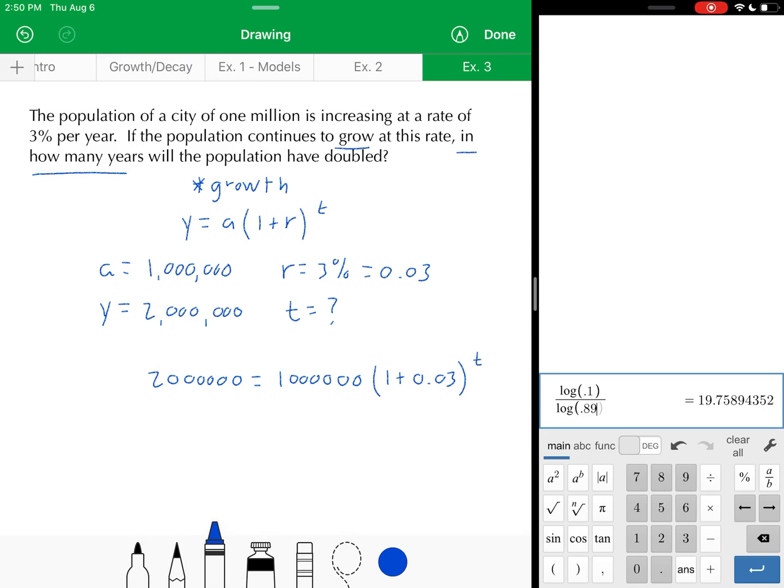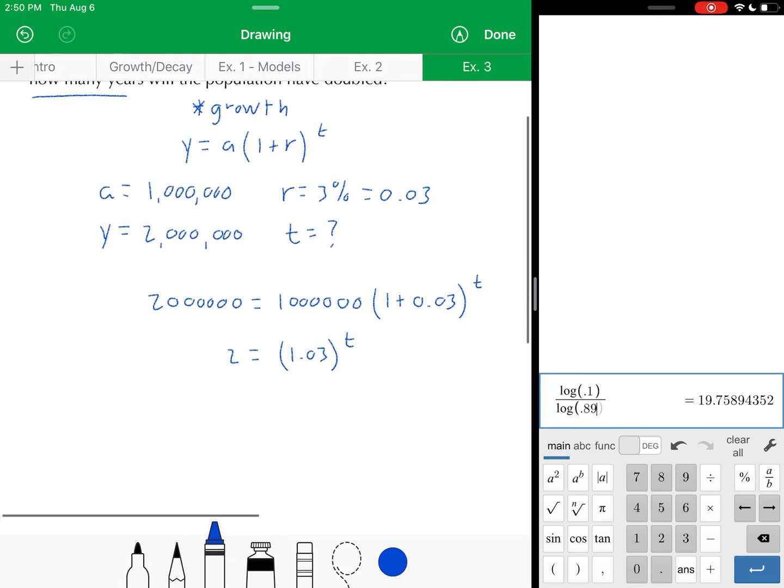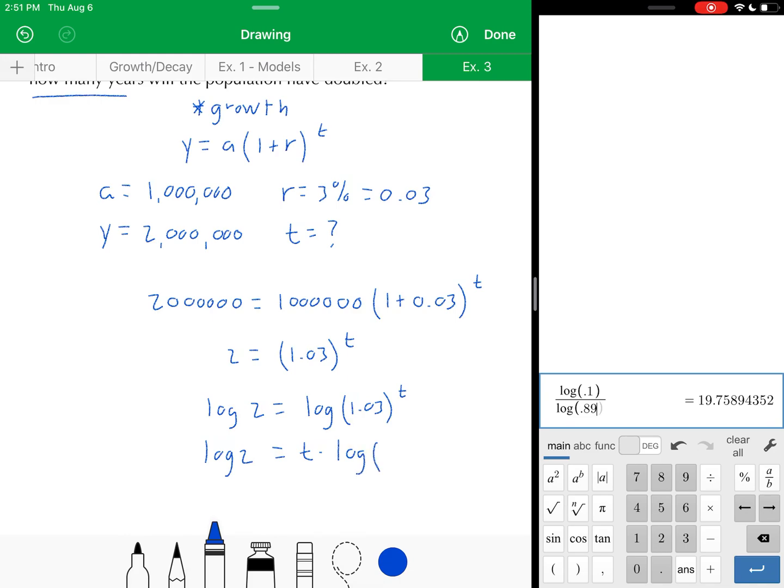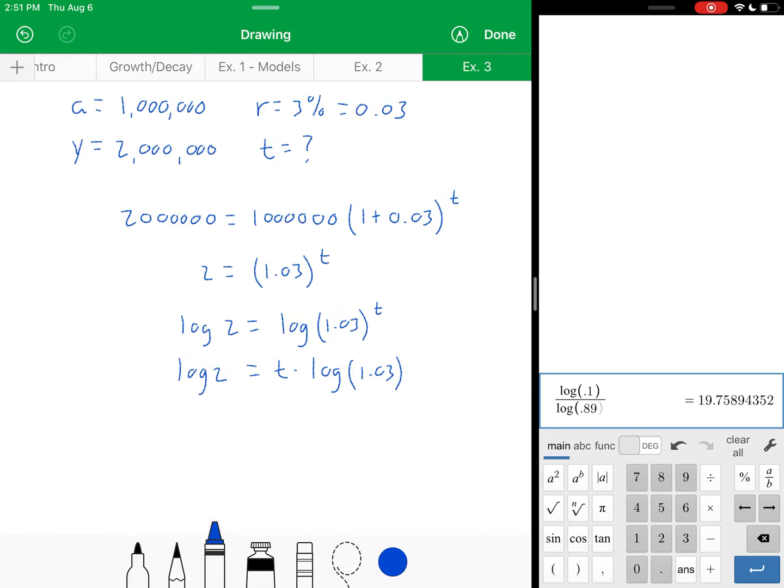Now, if you divide that 1 million out, you'll end up with 2 is equal to 1.03 to the power of t. Use a common logarithm again on both sides. Apply a power property to bring t in front. And then divide out common log of 1.03.